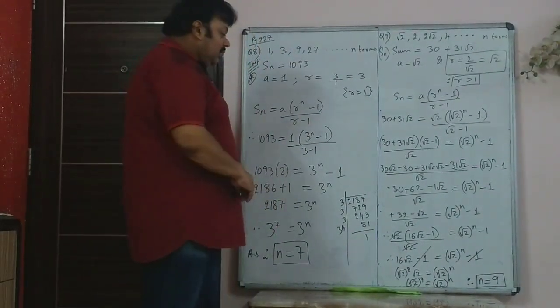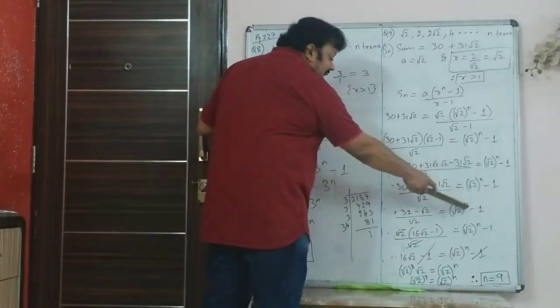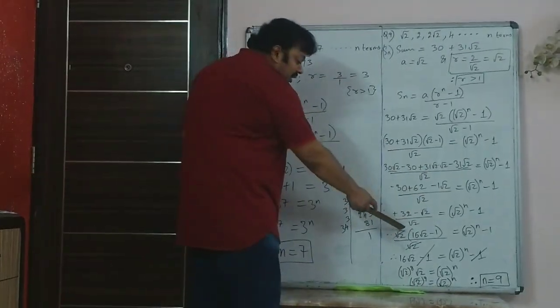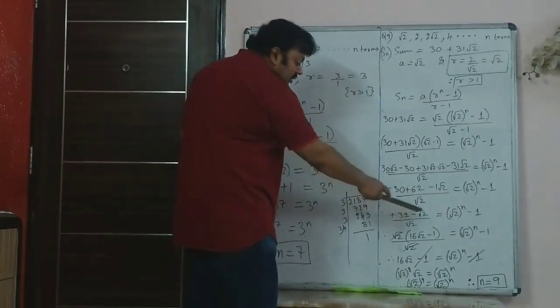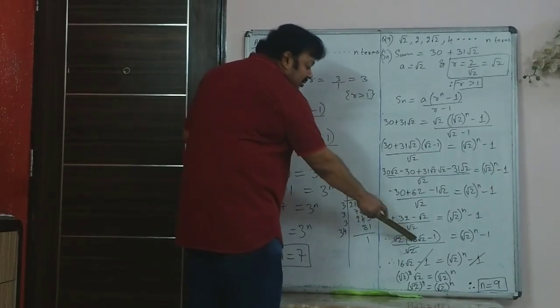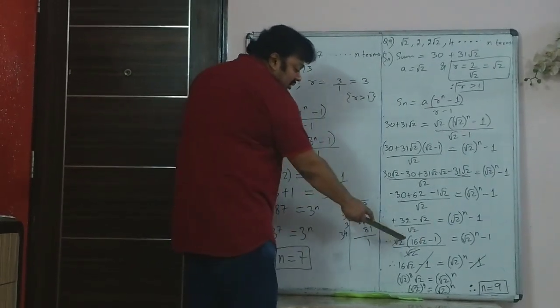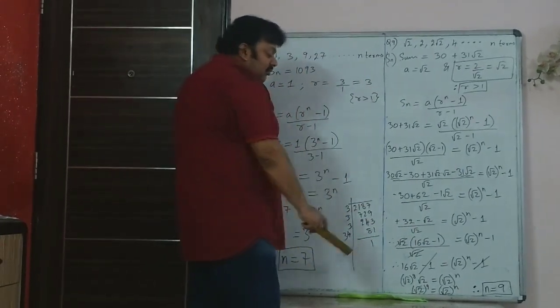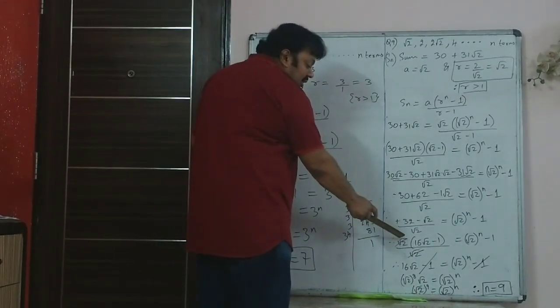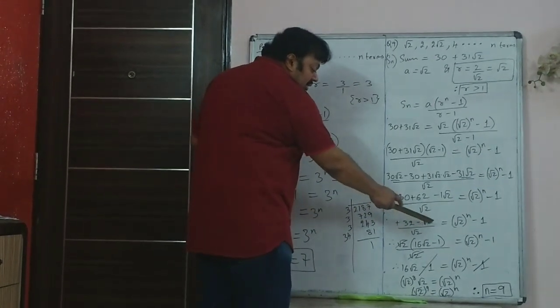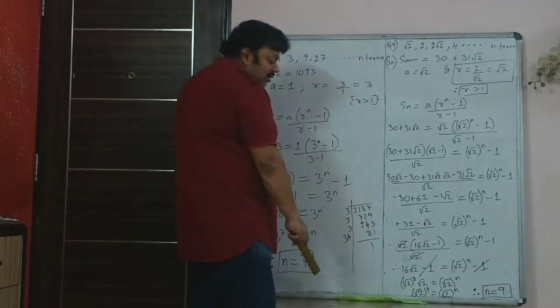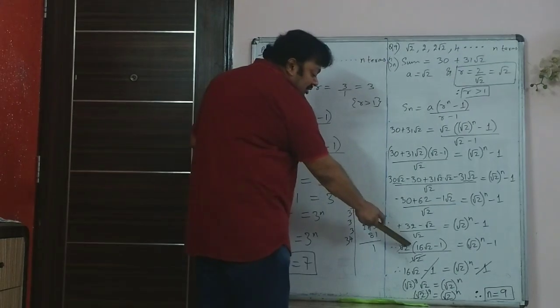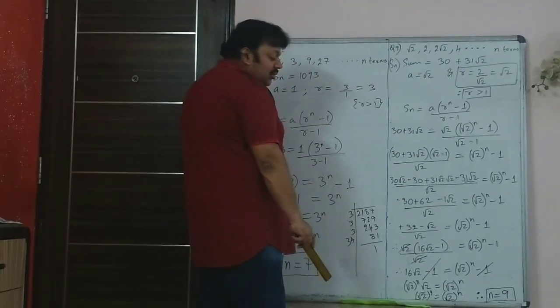So now I have to take root 2 common in the numerator. So the first term will become 16 root 2, because when you multiply it, it becomes 16 into 2, that is 32. And since root 2 is taken out, the second term becomes minus 1. Now this is outside the bracket, so we can cancel the root 2 minus 1.